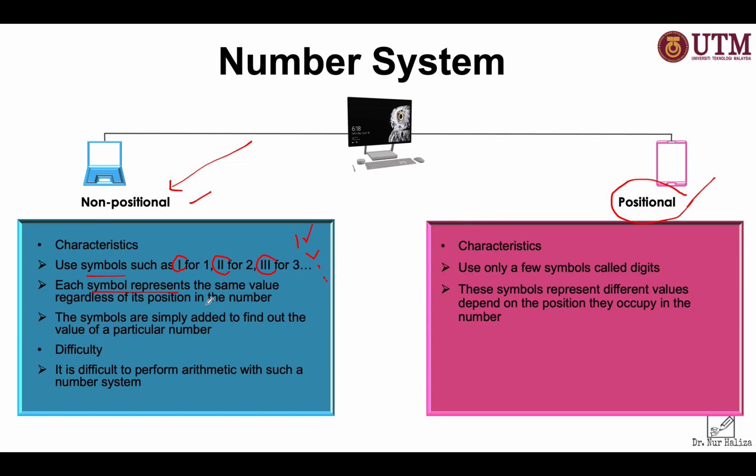The symbols are simply added to find out the value of a particular number, and it's quite difficult because you need to memorize each symbol, what symbols represent what numbers. And of course it's difficult to perform arithmetic in this number system. So this is just an overview of non-positional.